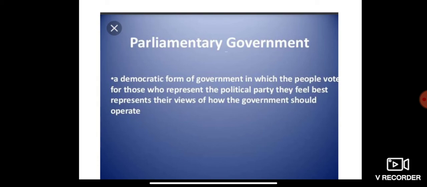That is how we elect the leader. The leaders don't elect themselves. It is the citizens who elect the leader, the government, or the political party, for the best interest of all the common people.